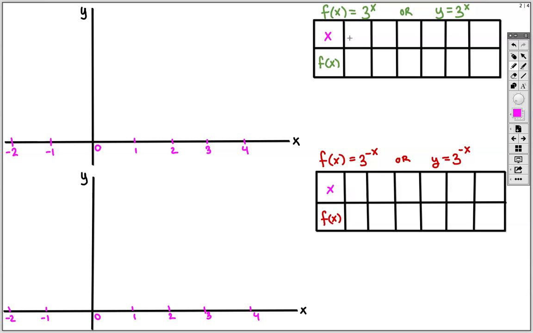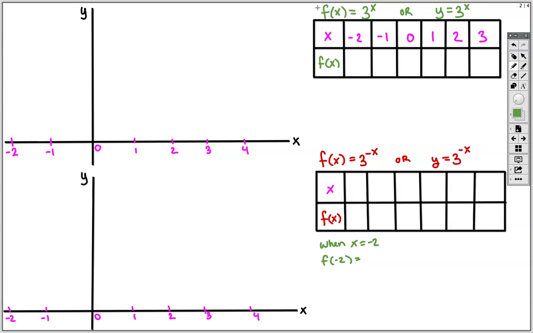Let's take these values: x is negative 2, x is negative 1, x is 0, x is 1, x is 2, and x is 3. And let's see what we get. I'm going to work down below here. When x is negative 2, f of x is f of negative 2, right?